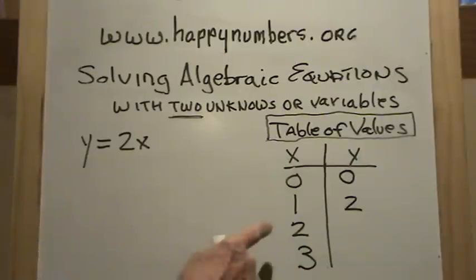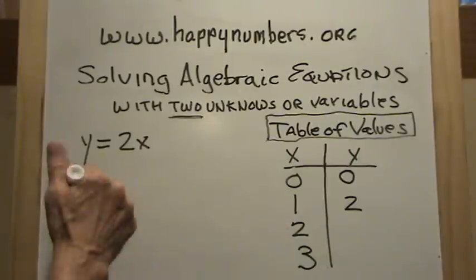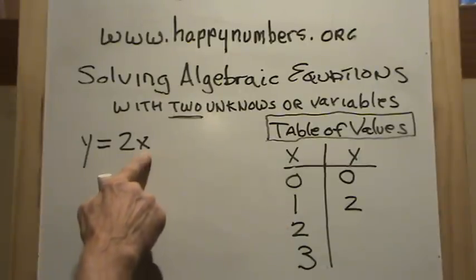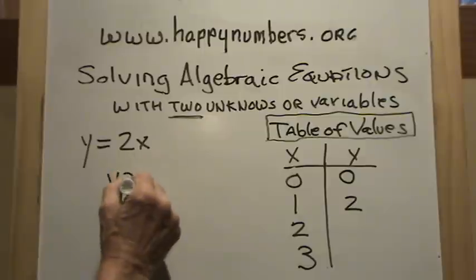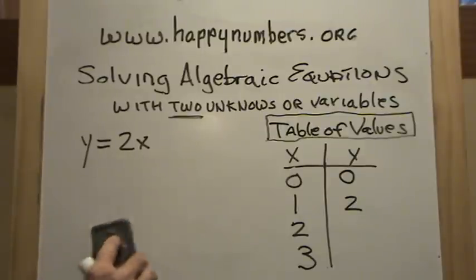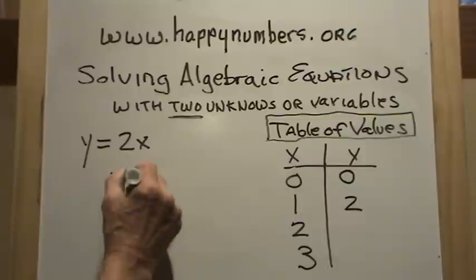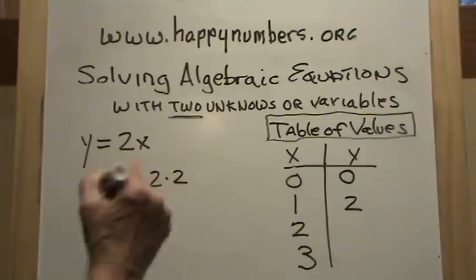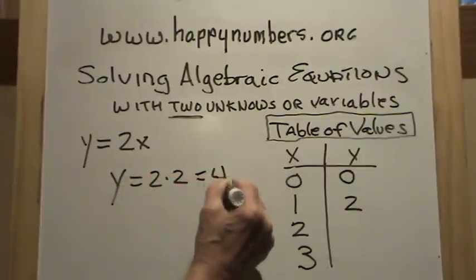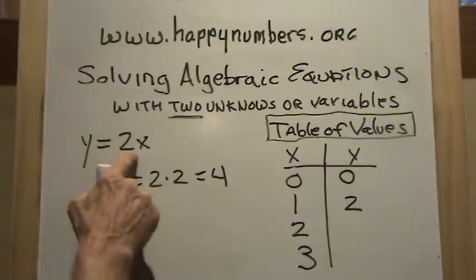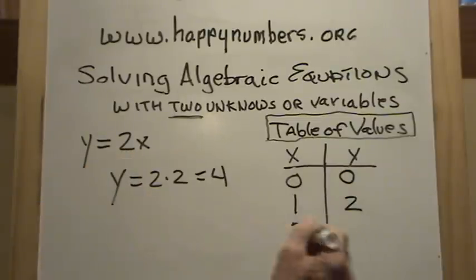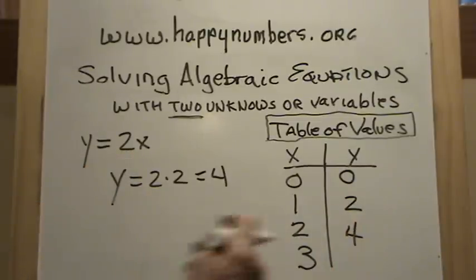Let's look at when x is 2. Well, we'll substitute 2 for x. Y is equal to 2 times 2, which is 4. So, in this equation, when x is 2, y is 4.